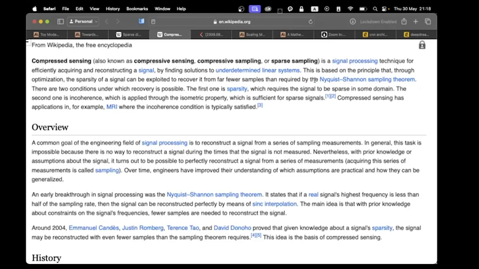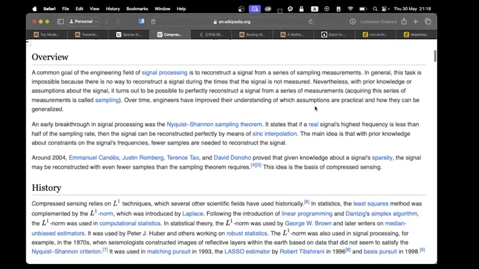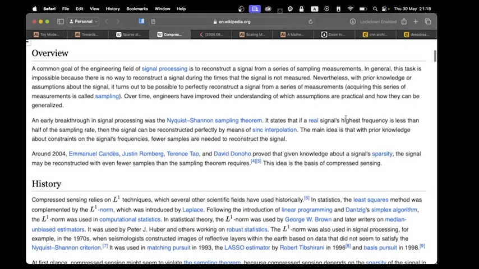So we have the sampling theorem. What the sampling theorem does is it shows that if the signal is bounded, then we have a nice interpolation.